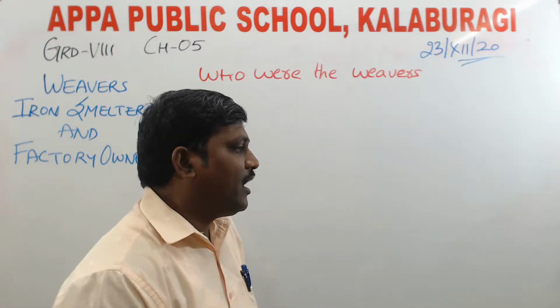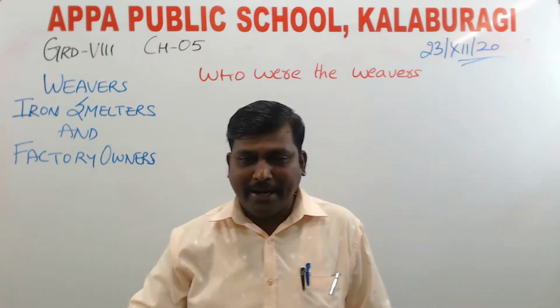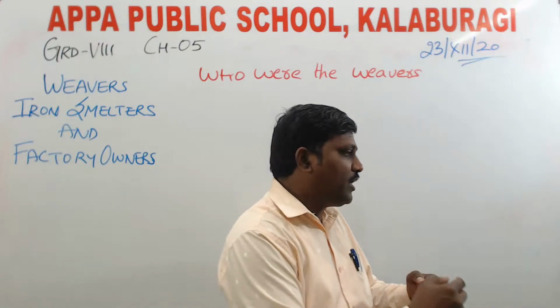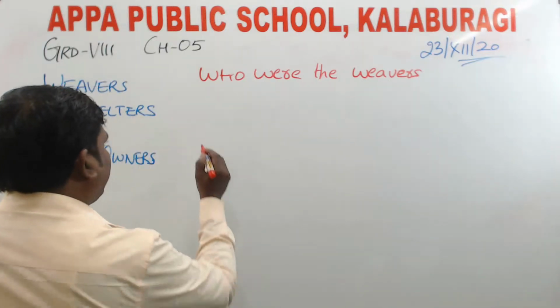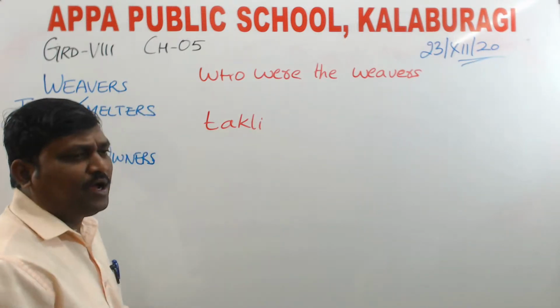In that, the cotton becomes thread after spinning, and then the thread is rolled onto a takli, a particular piece of wood.